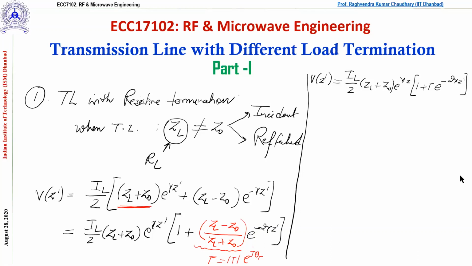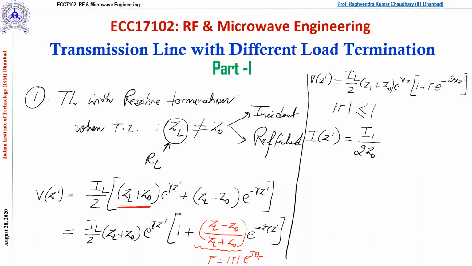So as gamma is a complex quantity, this mod of gamma will always be less than or equal to 1. Fine. Now in a similar manner, you can also write down here the current equation. Fine. So how will you write the current equation? This will be I(z'), a small change you need to make here, IL by 2 times Z naught.